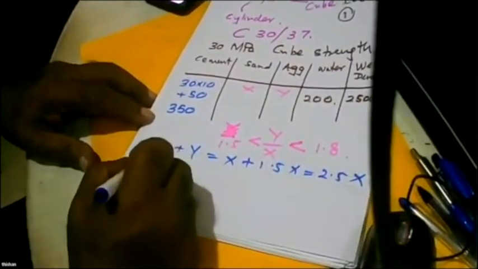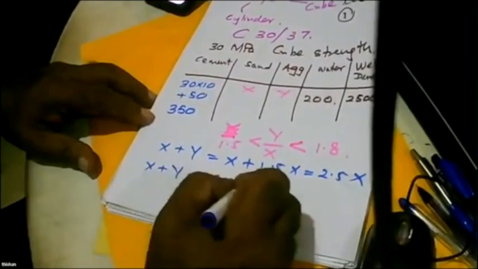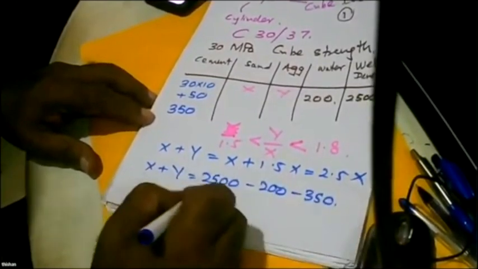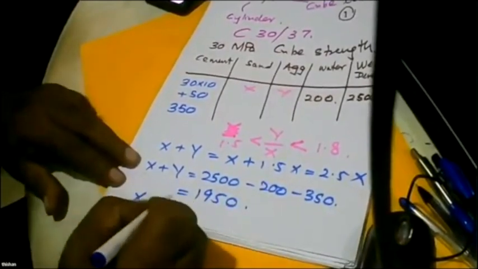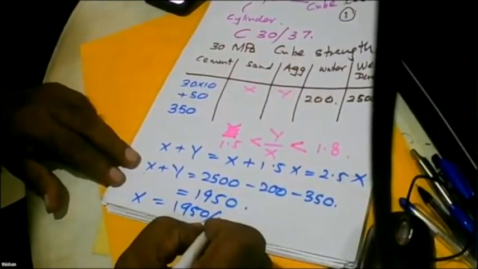So x plus y is equal to 2500 minus 200 minus 350, and that gives 1950, and x is equal to 1950 divided by 2.5.